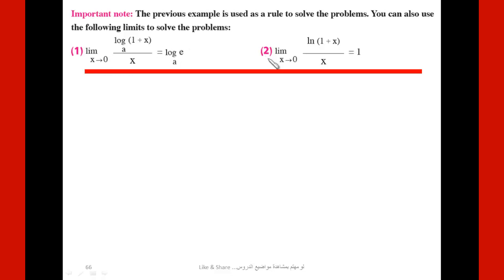Second rule, or you can say third rule, limit ln 1 plus x over x when x tends to 0 equals 1.